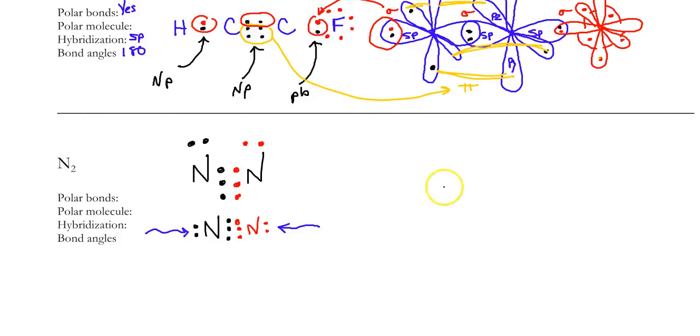Why? Well, here's my nitrogen, okay? It's bonding terminally on one end. It's not really a central atom, so I'm going to say no hybridization needed. So how do I explain it? Let's see. Here's one N. Here's an unhybridized P. Nothing is hybridized here in my drawing.